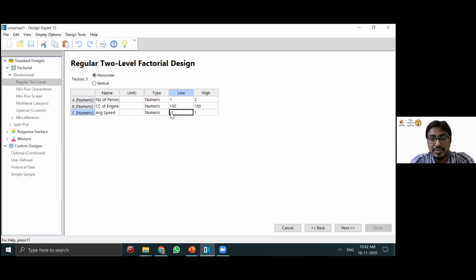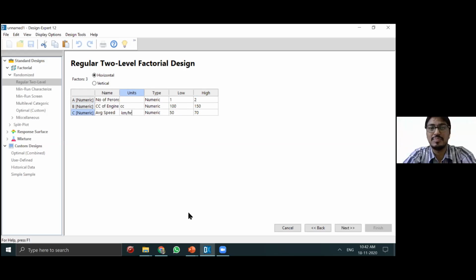For average speed, the first one was 50, and this is 70. Apart from this, if you want to mention the units, this was in cc, this is in kilometers per hour. Persons is just numerical, so I don't need to mention the units there.